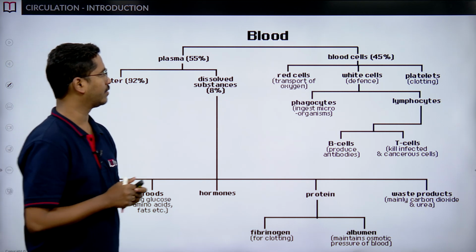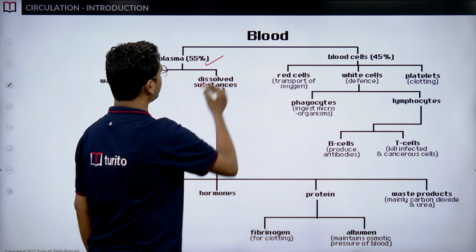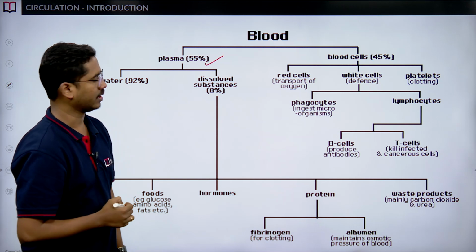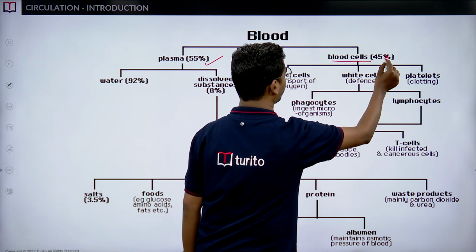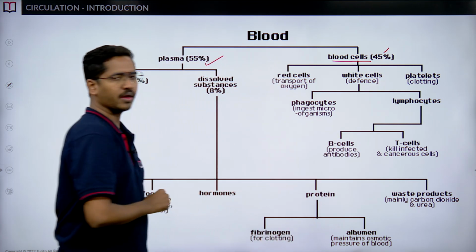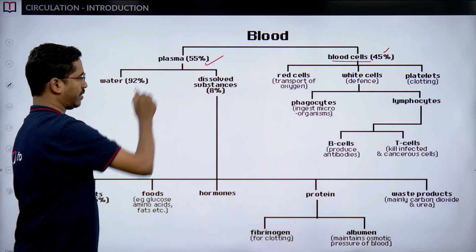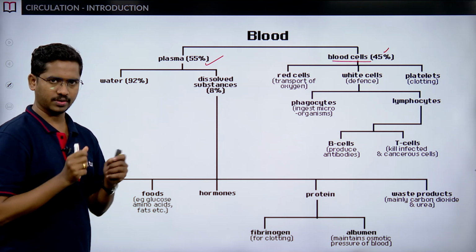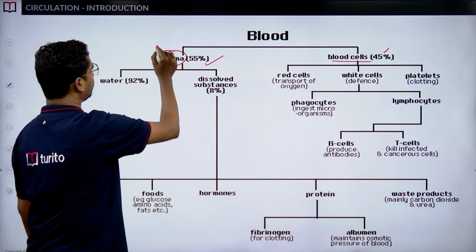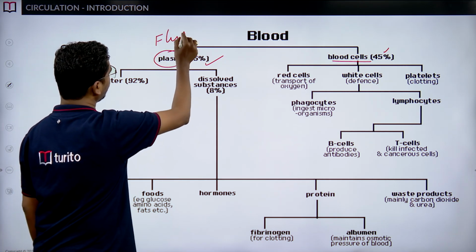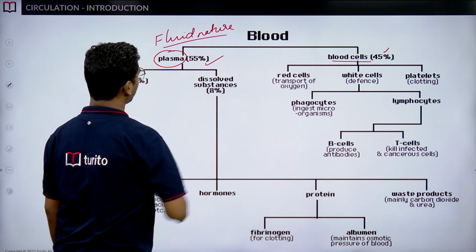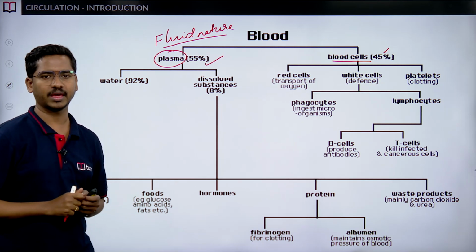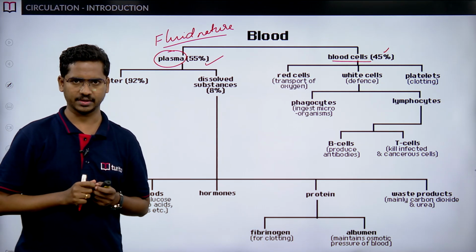If you observe carefully, blood is divided into 2 components primarily, that is plasma and the cells, 45%. 55% is plasma. It is because of plasma that blood has a fluid nature.